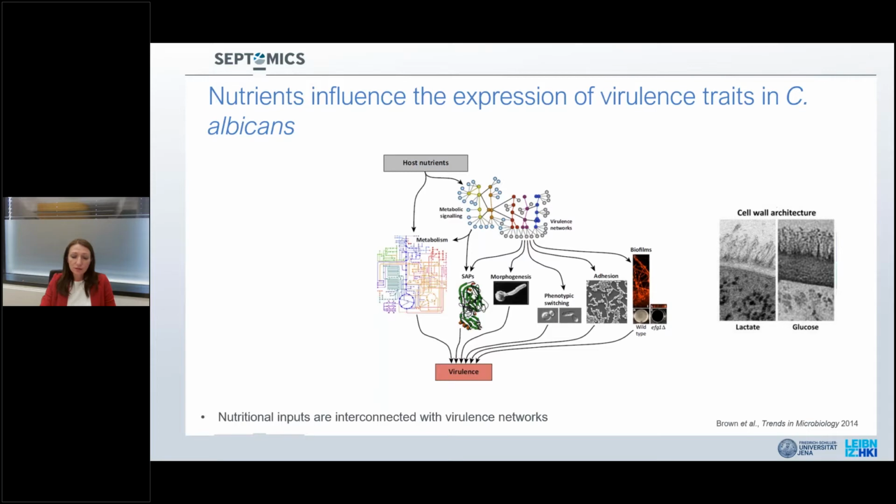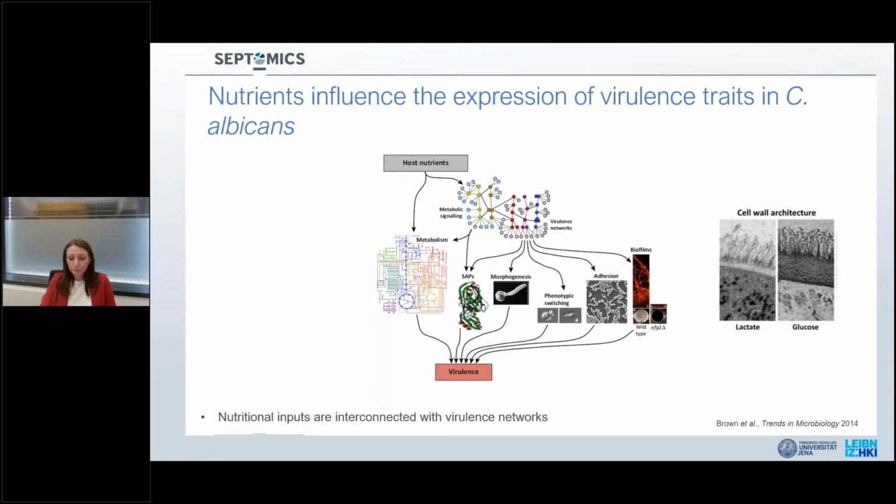My group is very interested in understanding the links between nutrient utilization, stress resistance, and virulence in the human pathogenic fungi, with specific focus on Candida albicans, but now we are expanding also to other pathogenic Candida species. Now we know that metabolic signals are interconnected with virulence networks in these species.